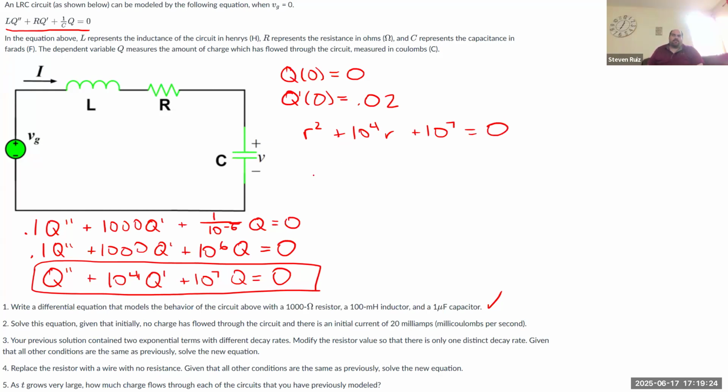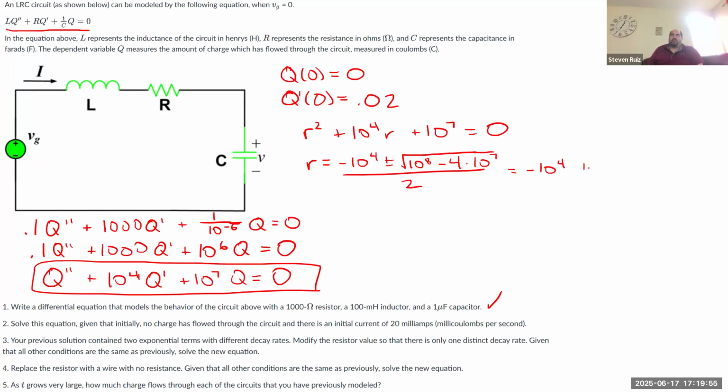I don't think this factors, so let's go to the quadratic formula. r equals negative b, so negative 10 to the 4th, plus or minus the square root of b squared. 10 to the 4th squared is 10 to the 8th, minus 4 times 1 times 10 to the 7th, all over 2. So I get two real roots.